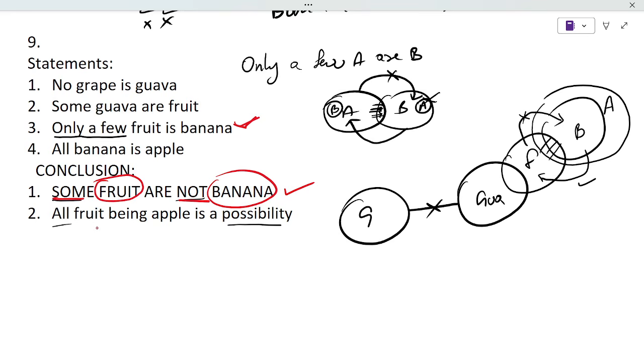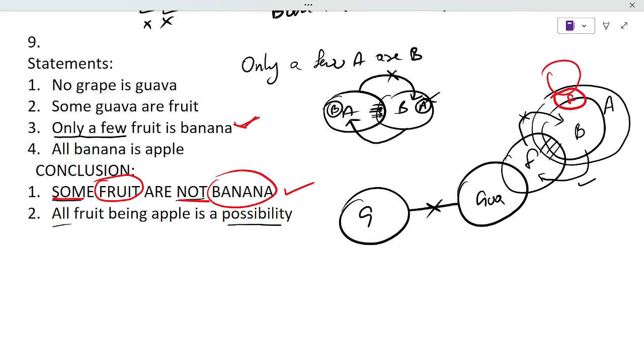Next one is: all fruits being apple is a possibility. If it is a possibility, can all fruits go inside apple? Let's see.